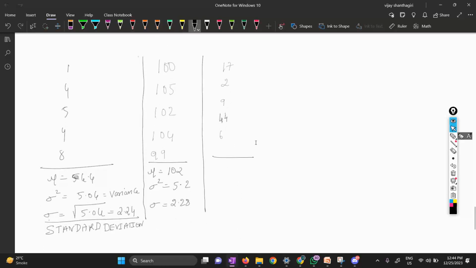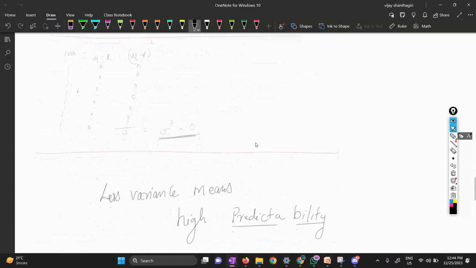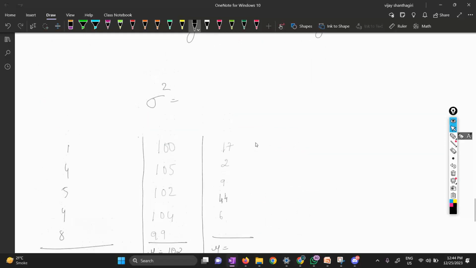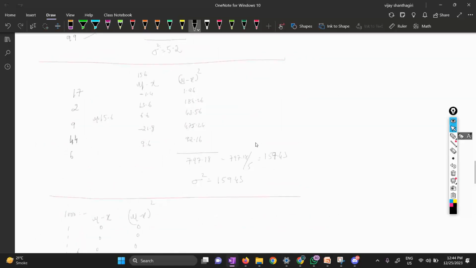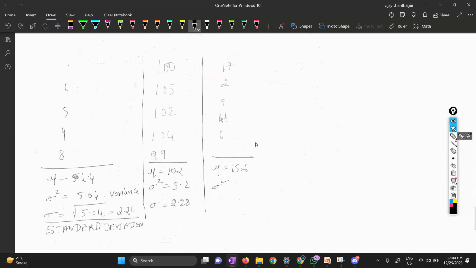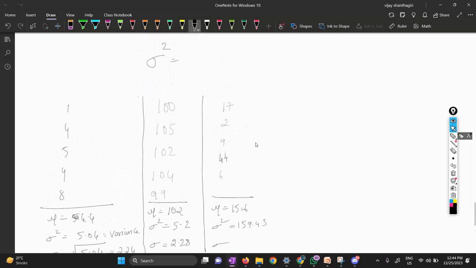Let's just get there. Tell me what was the mu for it. Anyone remembers? 15.6. And the sigma squared we calculated was 159.43. Give me the standard deviation, please.